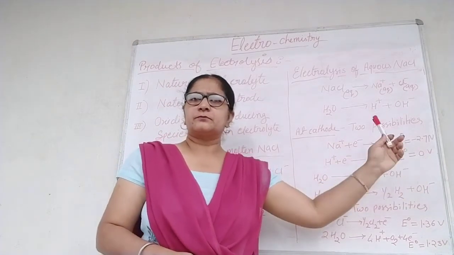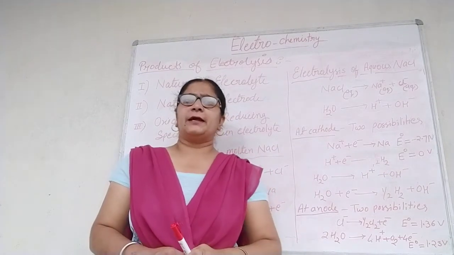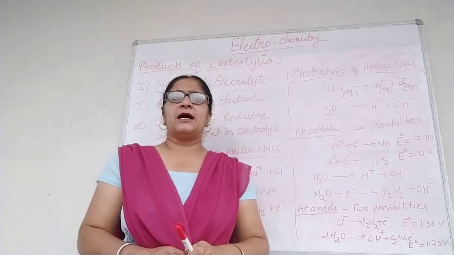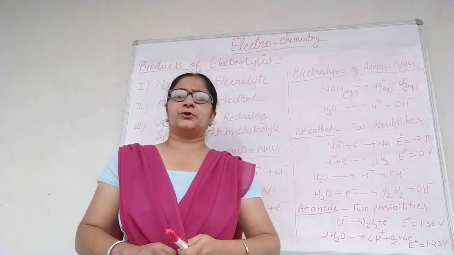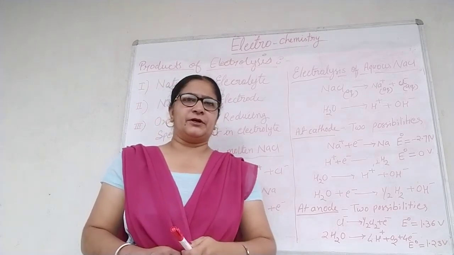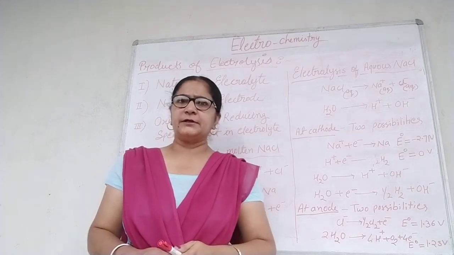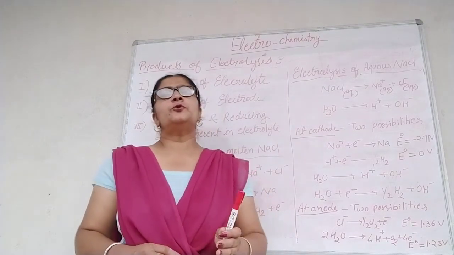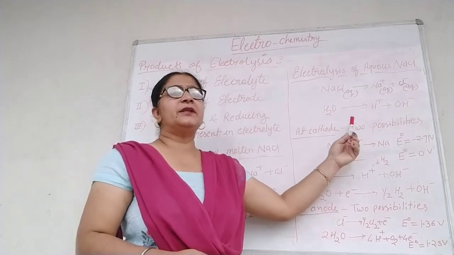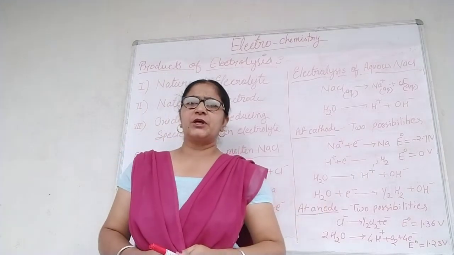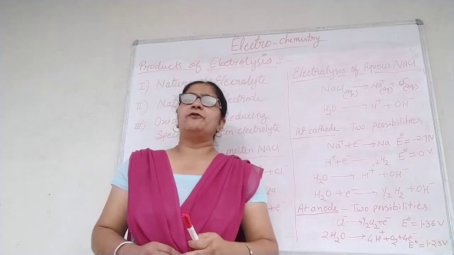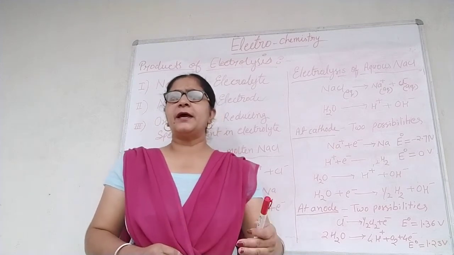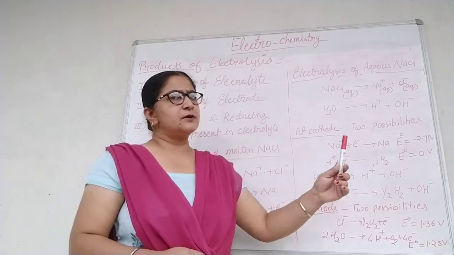Now we all know that if two possibilities are there, then the reaction having higher reduction potential will be favored at cathode. So among these two, the hydrogen gas will be released in preference to the formation of sodium. So this reaction will occur and sodium ion will remain in the solution.